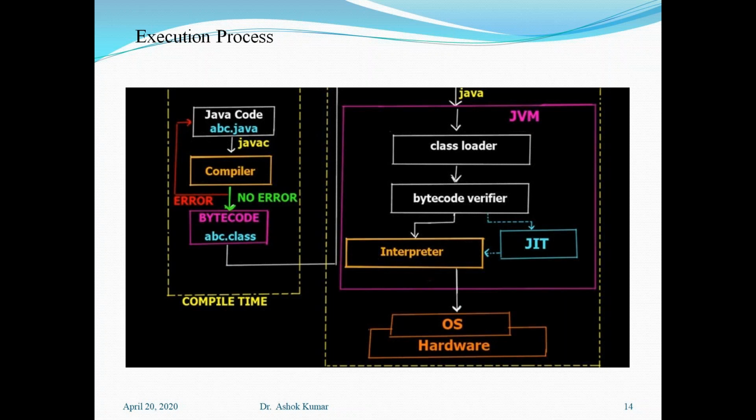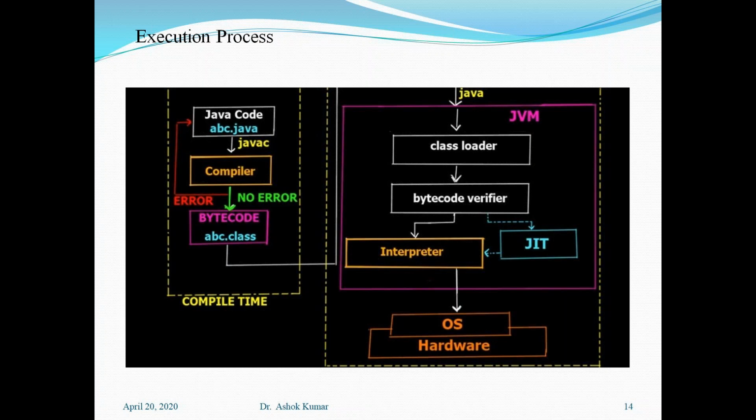This I will show you in more detail. After loading the class file in the memory of the JVM, a bytecode verifier runs on that class file or bytecode. It verifies the bytecode. What kind of verifications it does, we'll discuss in more detail in the coming lectures.